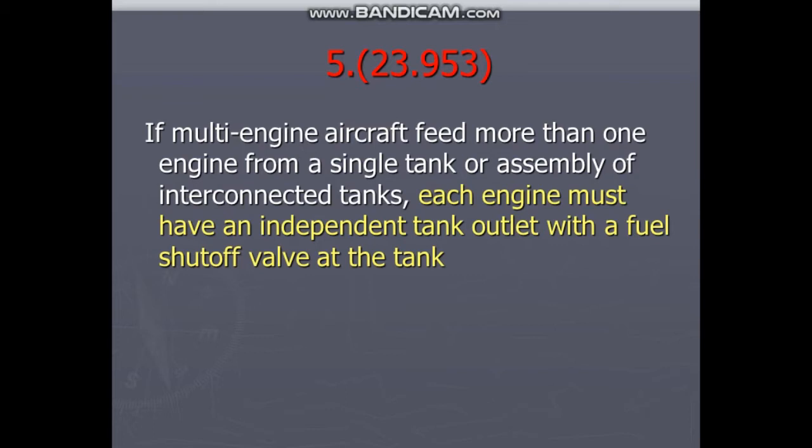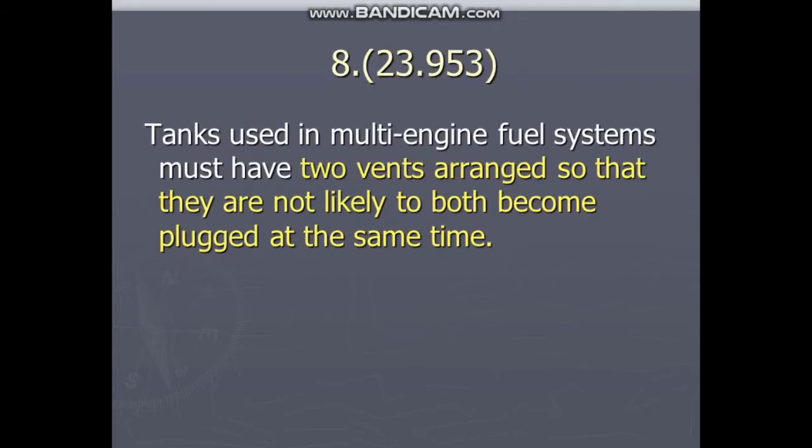If multi-engine aircraft feed more than one engine from a single tank or assembly of interconnected tanks, each engine must have an independent tank outlet with a fuel shut-off valve at the tank. Number 6 requirements: tanks used in multi-engine fuel systems must have two vents arranged so that they are not likely to both become plugged at the same time.